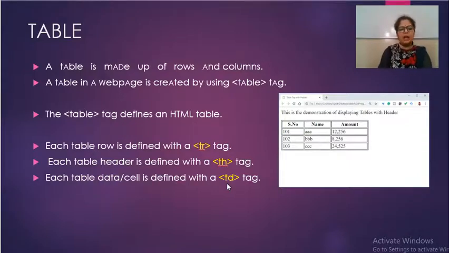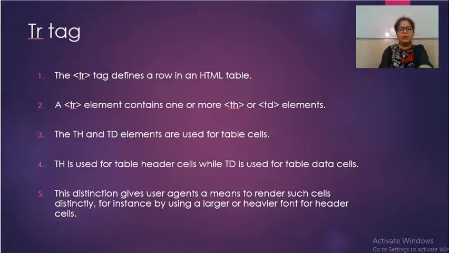Now what is the tr tag and why do we have to use it? The tr tag defines a row in an HTML table. Whenever you have to create a row in a table, you have to use the tr tag. tr stands for table row.